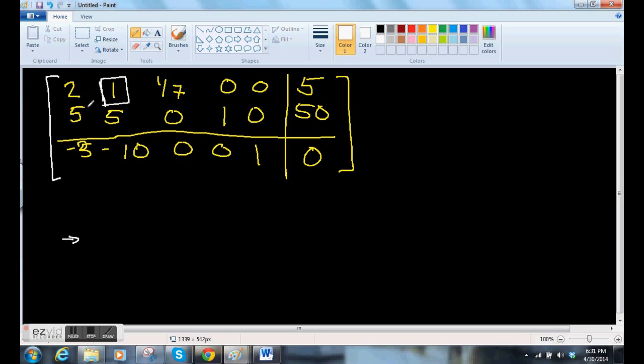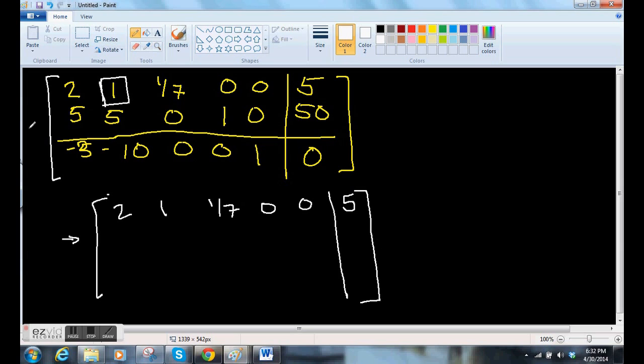In order to get this to be 1 and that to be 0, I'm going to leave the first row the same because I'm happy with that. So that's just going to stay as 2, 1, 1/7, 0, 0, 5. But now in my second row, I want this to be a 0.